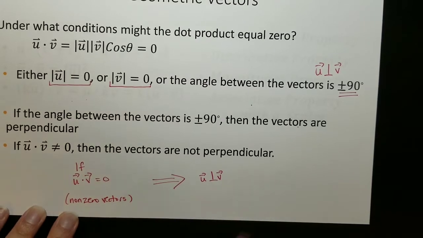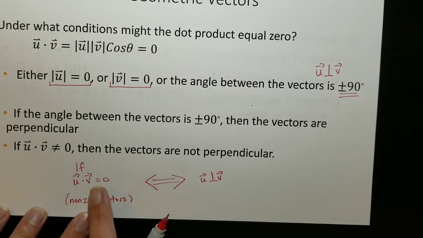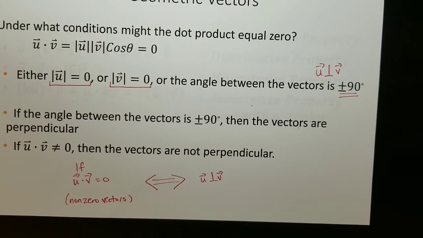If they're perpendicular, we also know that the dot product is 0. So I'm going to want you guys to really pay attention to this. If you see anything in vectors and it says these two vectors are perpendicular, the first thing that your mind should think is dot product equals 0. The minute you hear the word perpendicular, dot product equals 0.